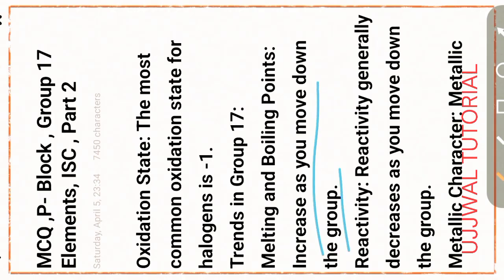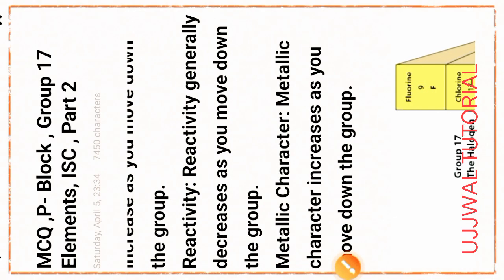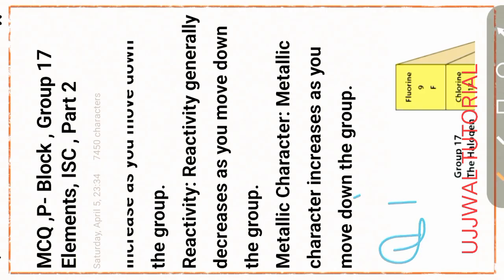Reactivity generally decreases as you move down the group. Metallic character increases as you move down the group. To follow the pattern, find the atomic numbers, the differences being 8, 18, 18, 32.